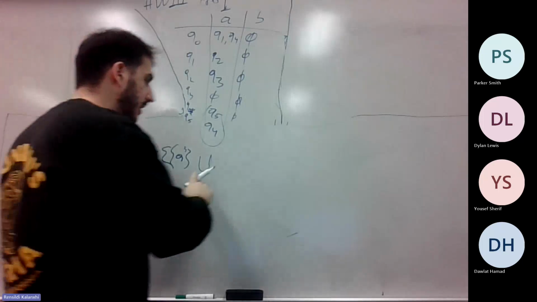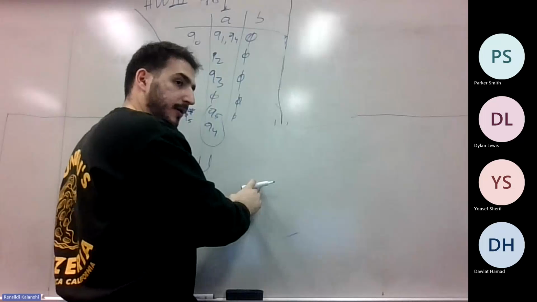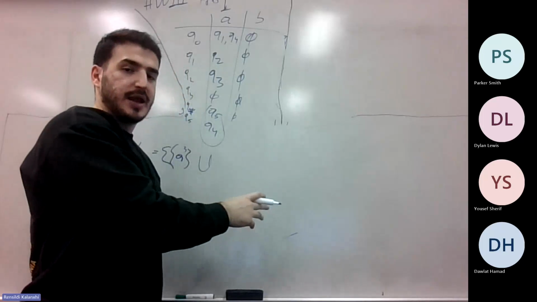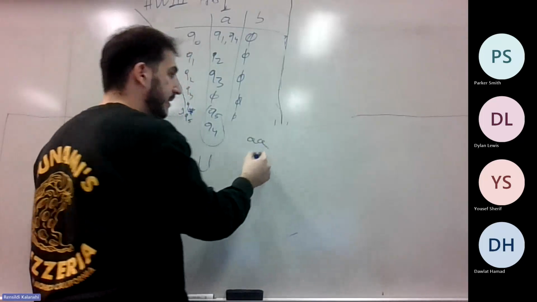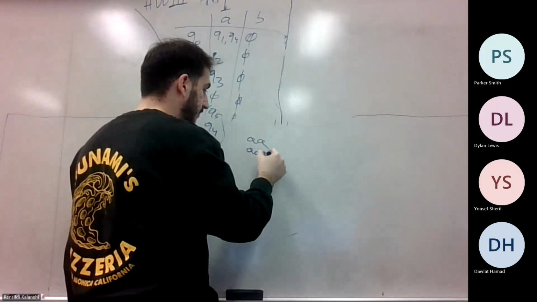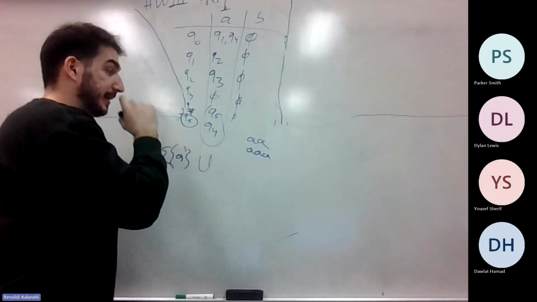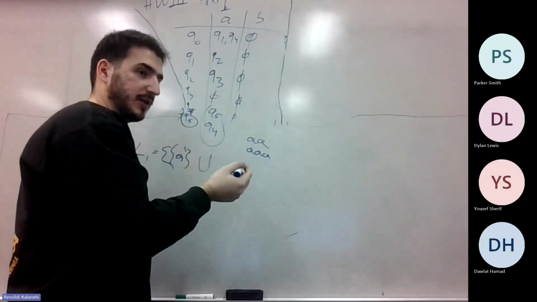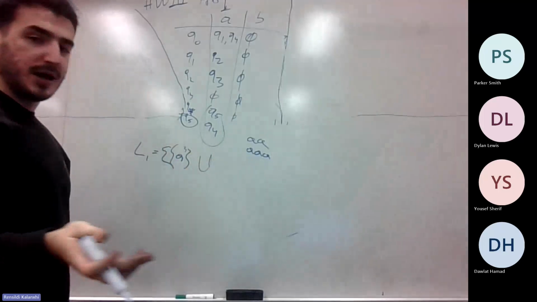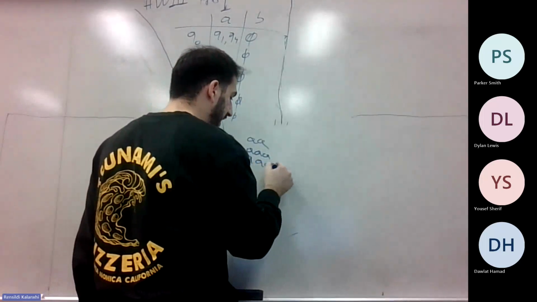It goes A and then another A, so that's even A's, AA. But Q4 is not a final state, Q5 is a final state. That means if you choose the other option, you will need an even number of A's.